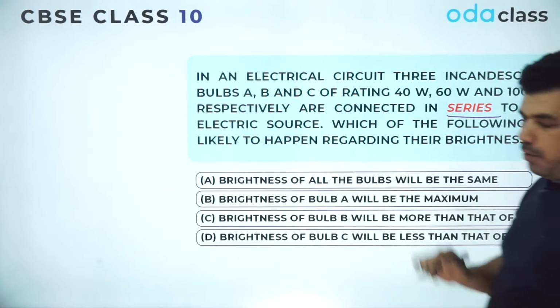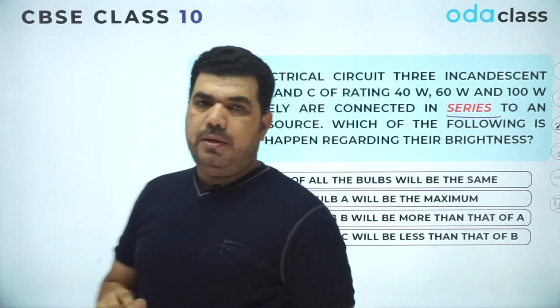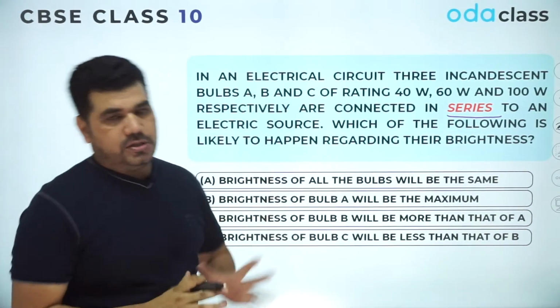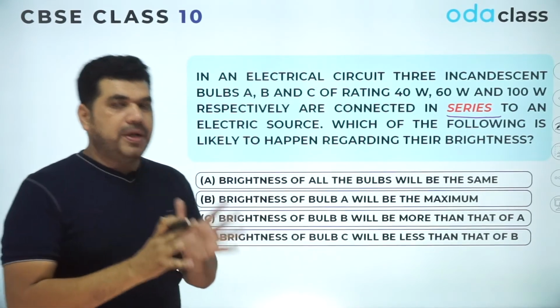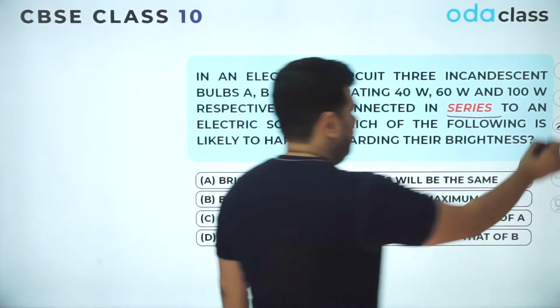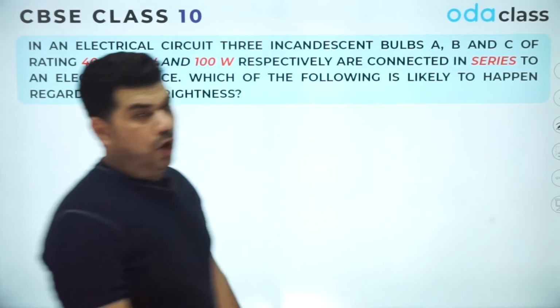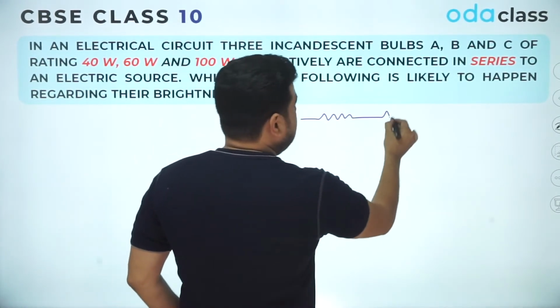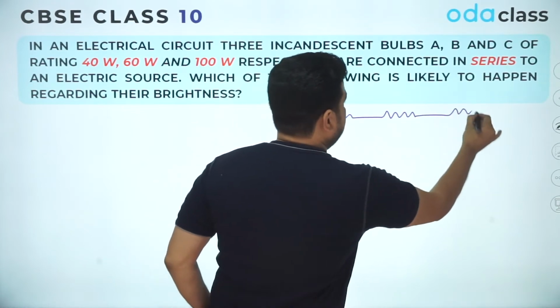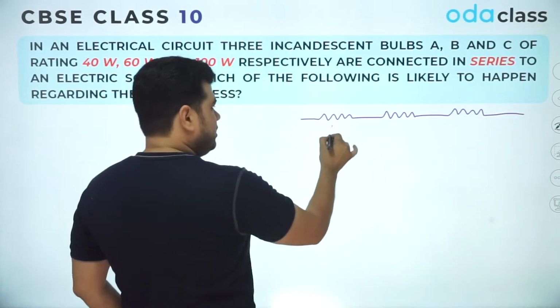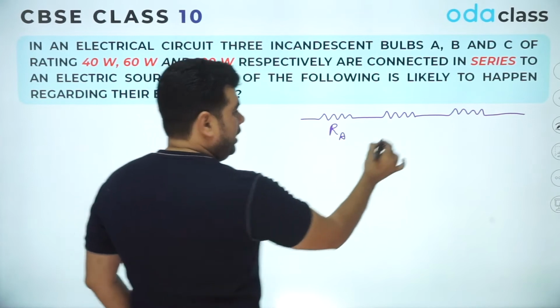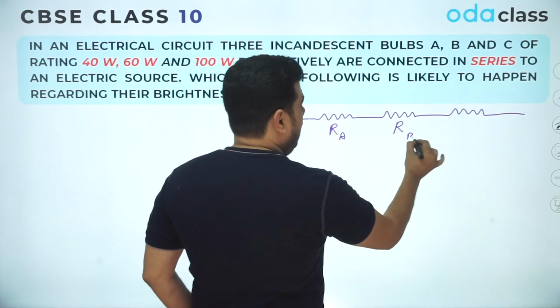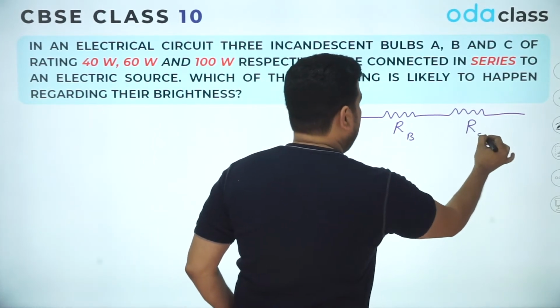So suppose the question is again the same, but the combination is series. So how will you compare this? Let's see. Now, as I told you, these bulbs have resistances, so we can say RA, this resistance RB, this resistance RC.